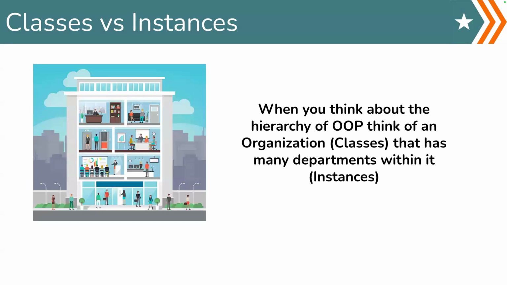All right, let's dive into some class versus instance. When you think about a hierarchy of OOP, think of an organization like a class that has many departments within it. Now, these departments can be represented as instances. This is the way I like to think about it. Maybe here we would have a class, and we can call this Department.